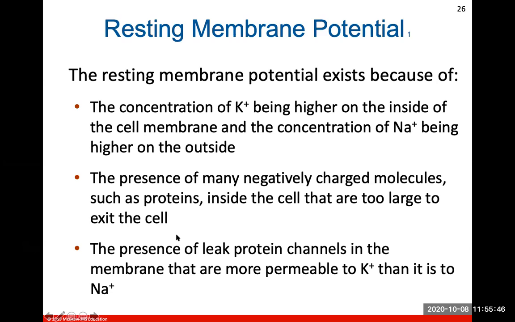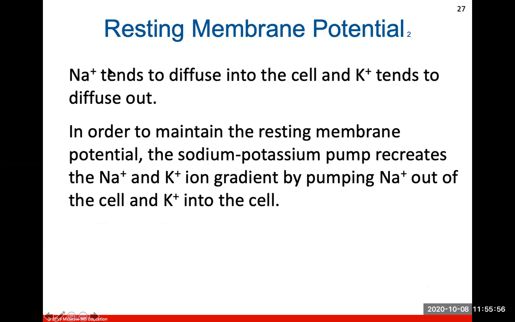And again, it's important just to remember that the leak protein channels in the membrane will be more permeable to potassium than to sodium. So sodium will always diffuse into the cell and potassium will diffuse out, because sodium and potassium will follow their electrochemical gradients. Because there's more sodium outside of the cell to begin with, when sodium channels open, sodium will just diffuse into the cell.